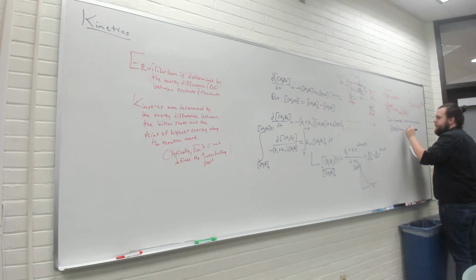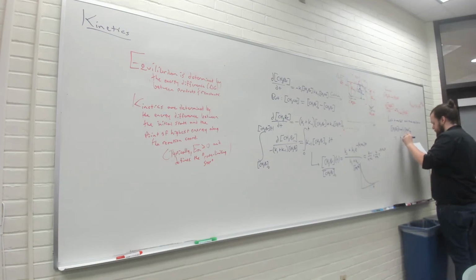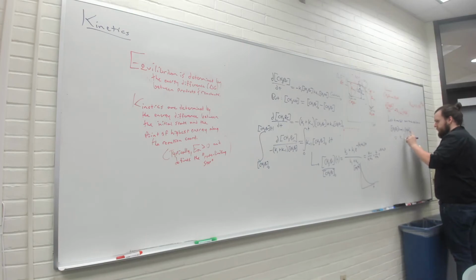which we'll call equilibrium. So the equilibrium concentration of bromine, or methyl bromide, is equal to the reverse rate times the initial concentration of bromine divided by the sum of the rates.